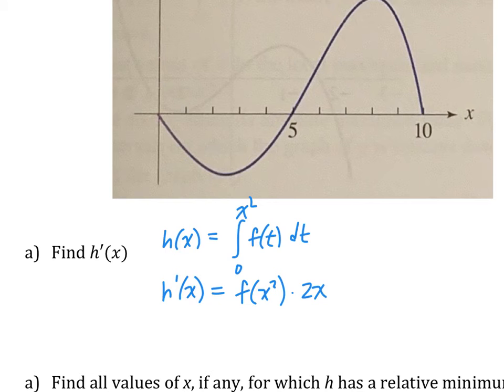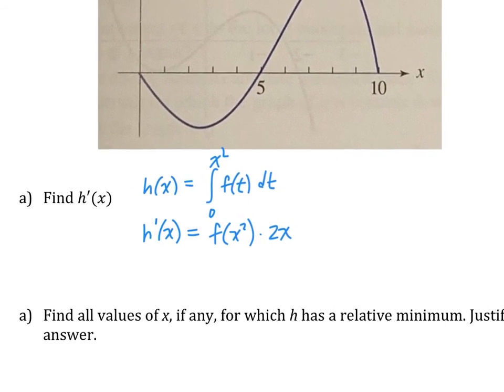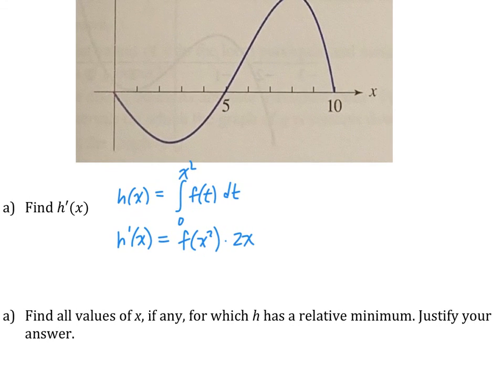This is where you need to talk to your partner and try to figure this out. Find all values of x that h has a relative minimum. A lot of you missed this on the Monday special. Relative minimum, okay, I'm going to give you a hint. Relative minimum means what? What are you looking for? Smallest one. Derivative equals 0.